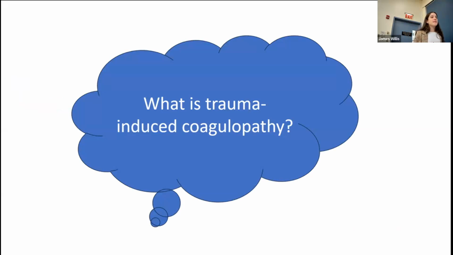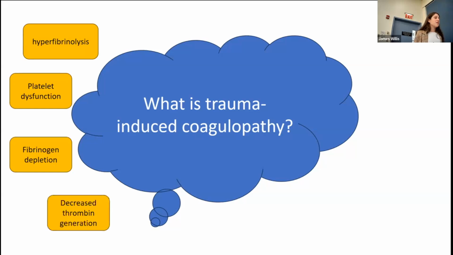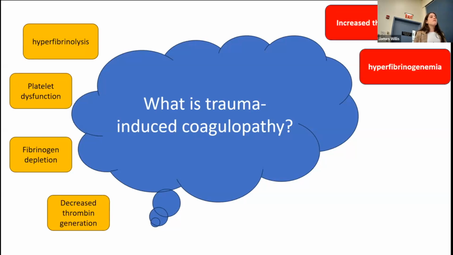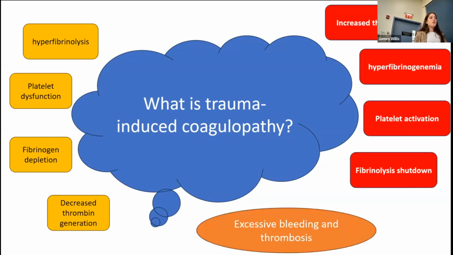The hypocoagulable state occurs because you have hyperfibrinolysis, platelet dysfunction, fibrinogen depletion, and decreased thrombin generation. You also get a hypercoagulable state, due to increased thrombin, hyperfibrinogenemia, platelet activation, and fibrinolysis shutdown. All of this together will cause excessive bleeding and thrombosis. Some people have a mix of both. Some people are predominantly one or the other.